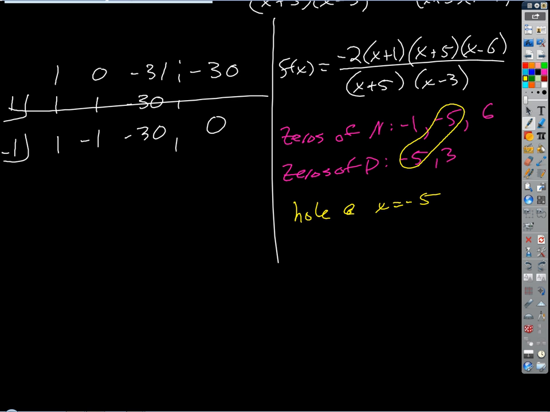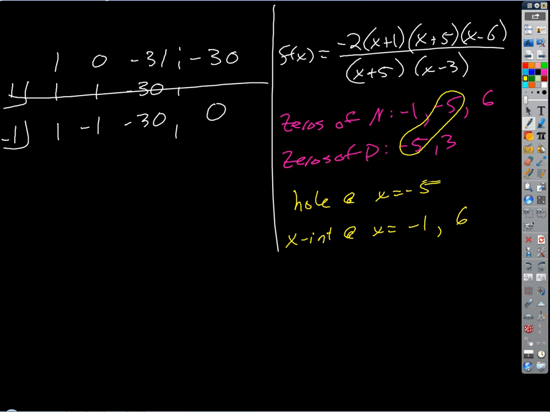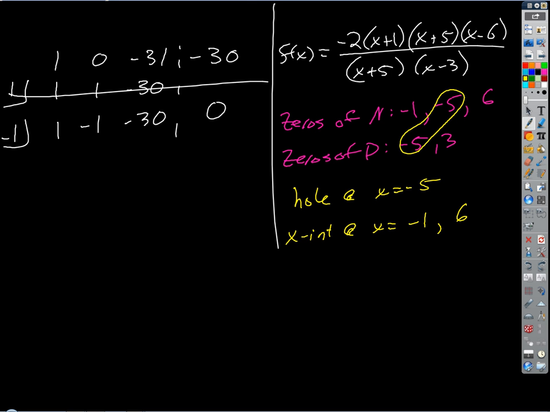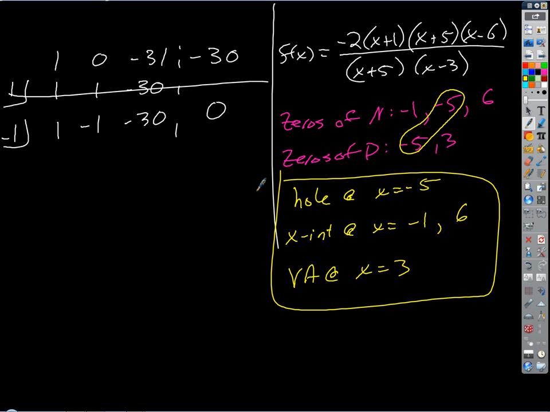Okay. Negative 1 and 6. What about vertical asymptotes? X equals 3. Okay, so that's a lot of good information right there, isn't it? Tells us a ton of stuff.